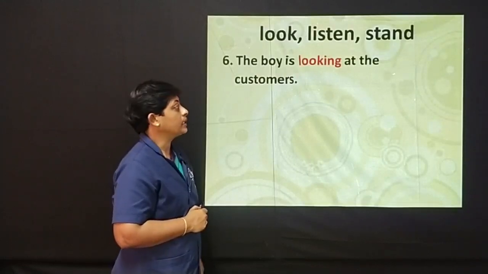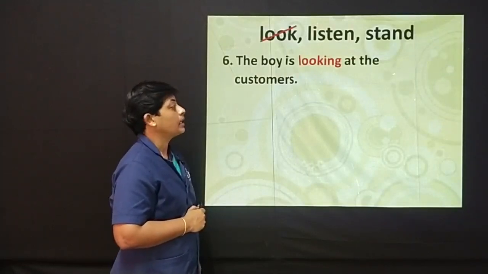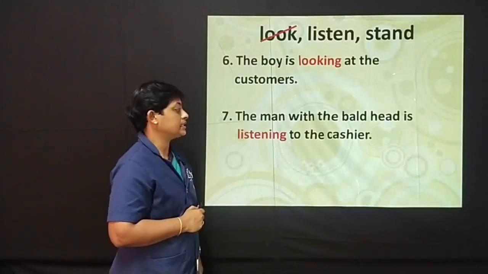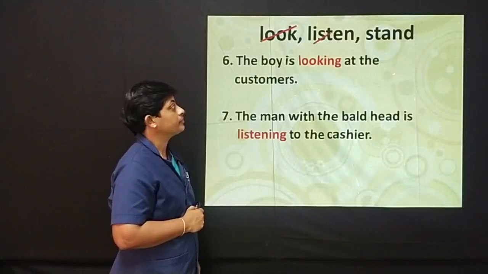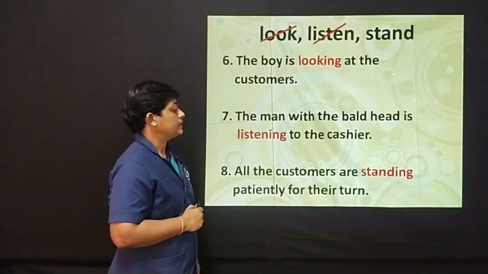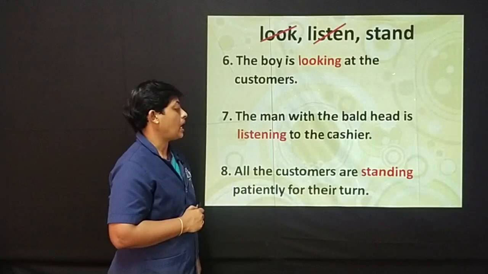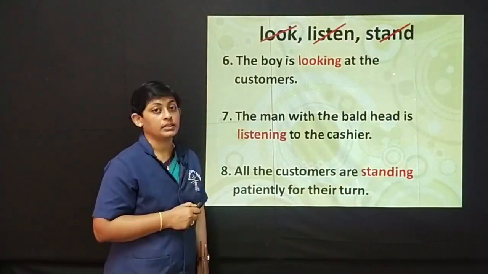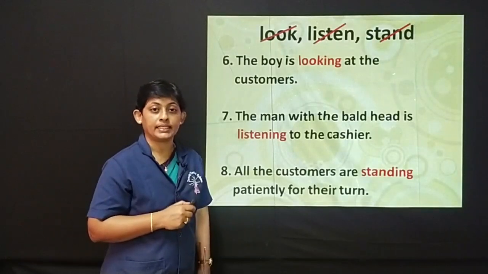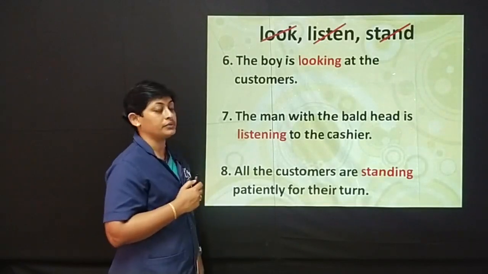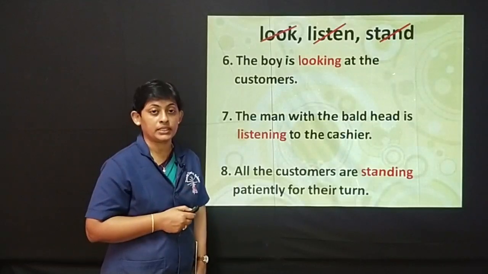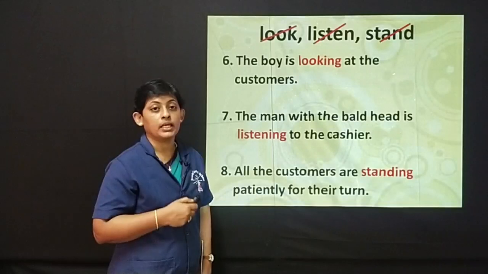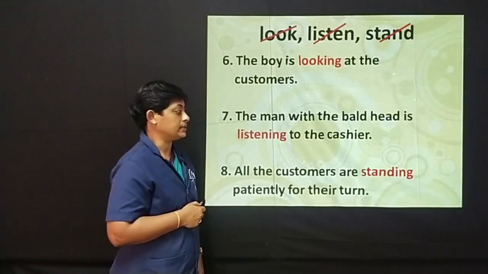The boy is looking at the customers. 7. The man with the bald head is listening to the cashier. 8. All the customers are standing patiently for their turn. So these are the sentences that I have framed making use of the verbs in the present continuous tense. You can keep the same or you can frame your own sentences.